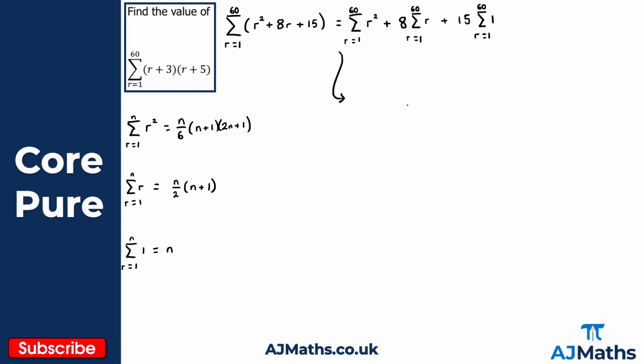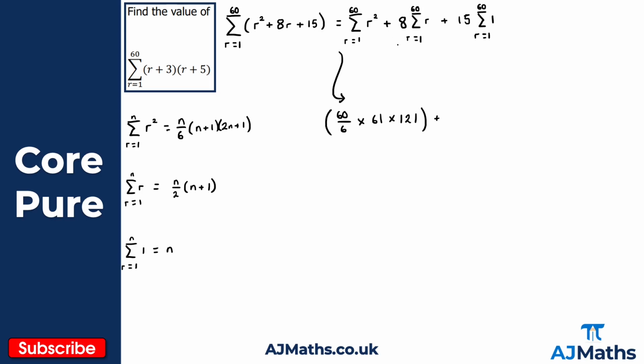I'll put each one in a bracket just so it's clear. I've got 60 over 6, times n plus 1, where n is 60, so that's 61. And replacing n with 60, 2 times 60, 120, plus the 1, I get 121 there.